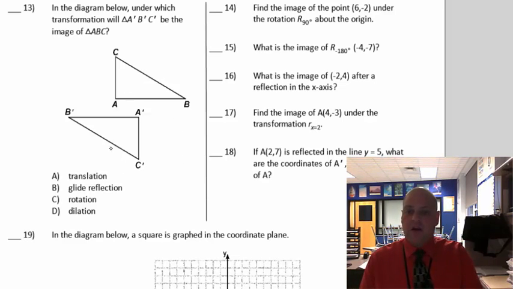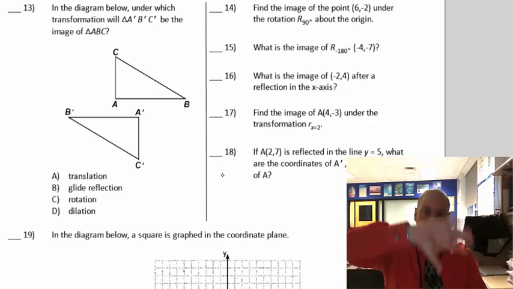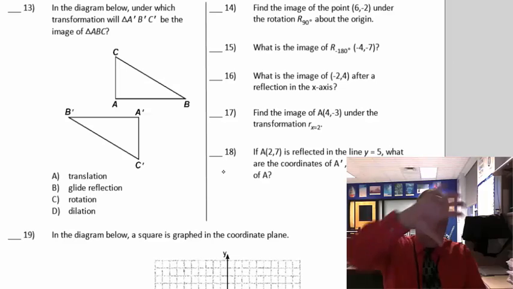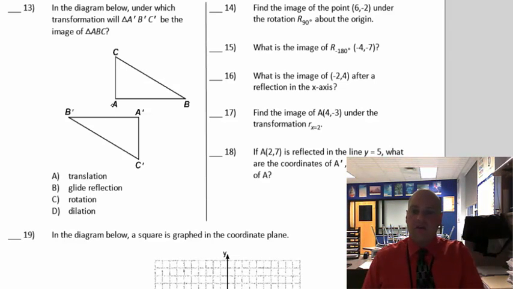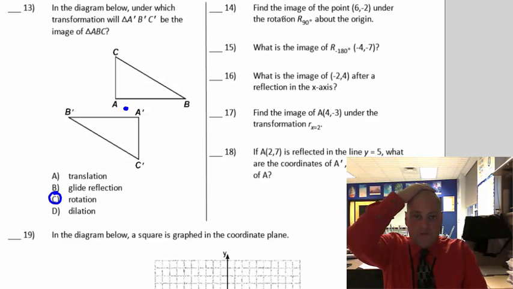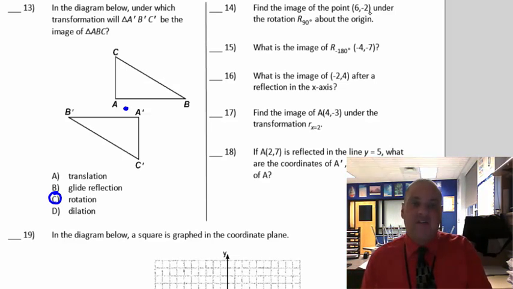This one here is a rotation. That ABC is just rotated around 180 degrees, and it's rotated around some point, maybe that point right there. Rotate around that point, and you get A prime, B prime, C prime. So that's a rotation. 14, find the image of point 6, negative 2 under rotation 90.